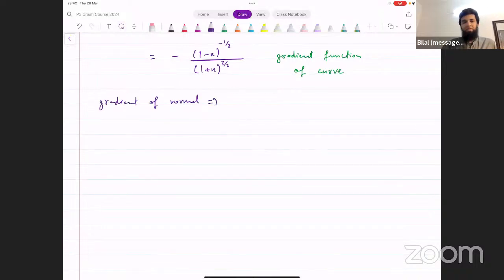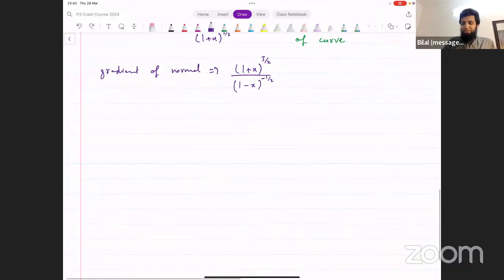That means its gradient is going to be negative reciprocal of this. Change the sign and take reciprocal. So it becomes 1 plus x whole raised to power 3 over 2 divided by 1 minus x whole power minus 1 over 2. So I've just taken reciprocal of that and removed this negative sign. Now this negative power, if we were to bring this to the numerator, we could also write it like this: 1 plus x whole raised to power 3 over 2 into 1 minus x whole raised to power 1 over 2. That's what the gradient of the normal turns out to be.